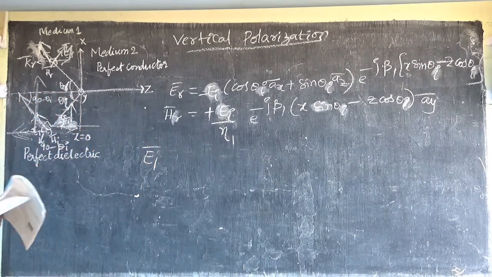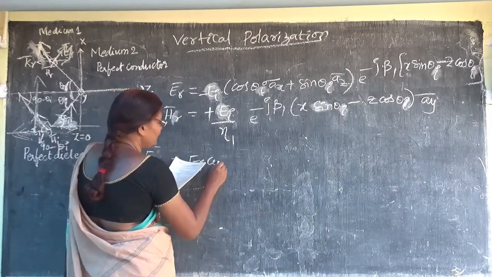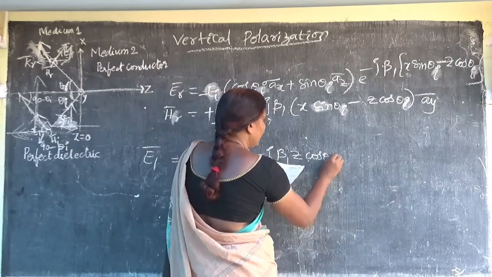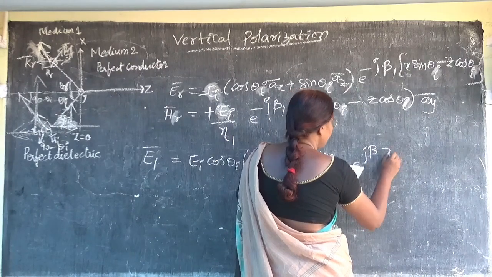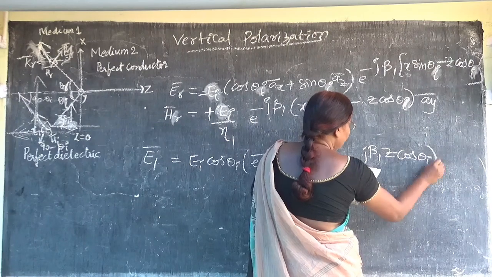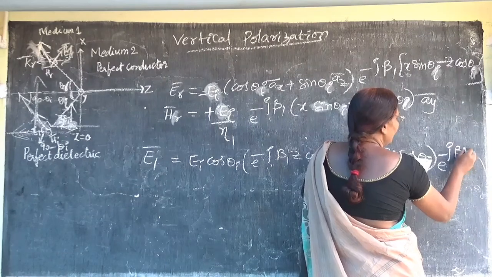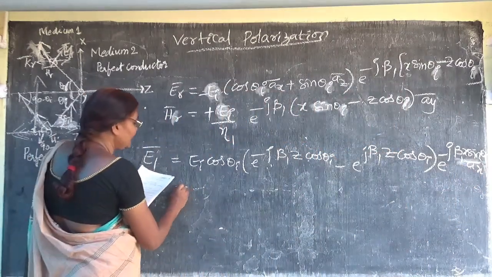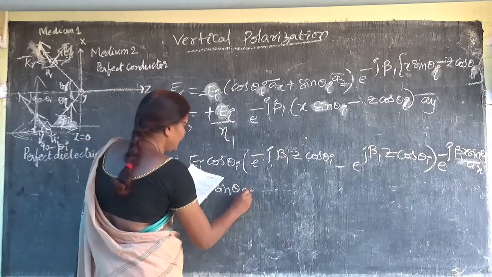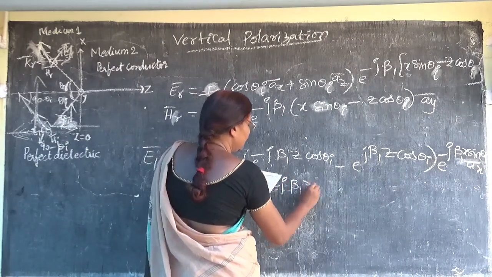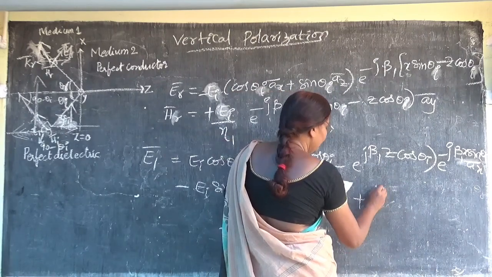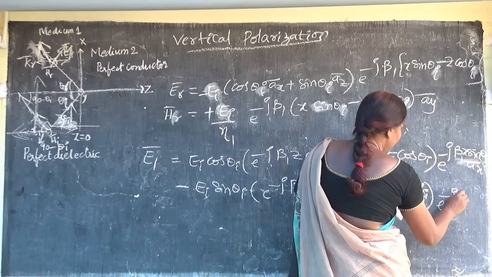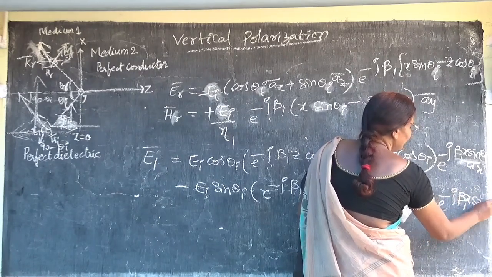E1 bar. So what is E1 bar? E1 bar is equal to EI cos theta I into e to the power of minus j beta 1 z cos theta I minus e to the power of j beta 1 z cos theta I (be very careful with the signs here) into e to the power of minus j beta 1 x sin theta I a x bar, and minus EI sin theta I into e to the power of minus j beta 1 z cos theta I plus e to the power of j beta 1 z cos theta I into e to the power of minus j beta 1 x sin theta I a z bar.